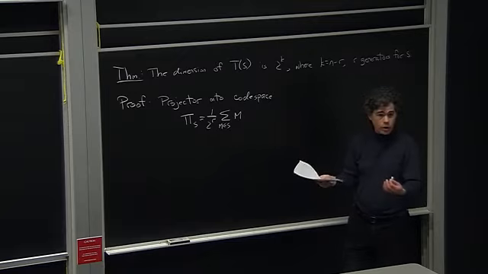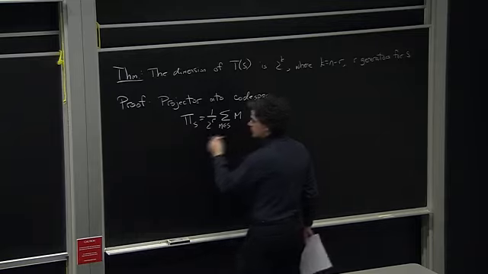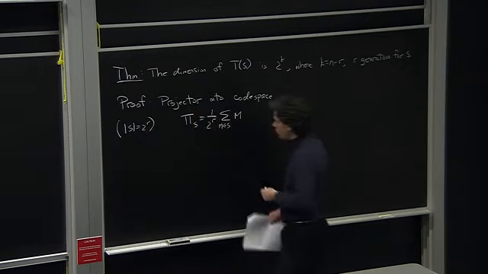So remember, there are 2 to the r elements in the stabilizer. So why is this a projector?